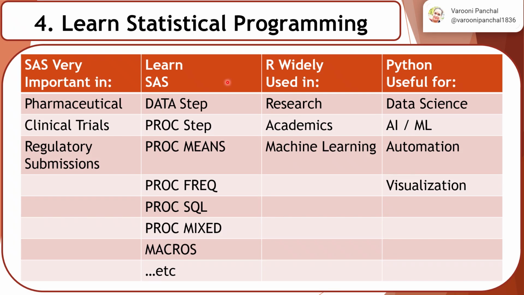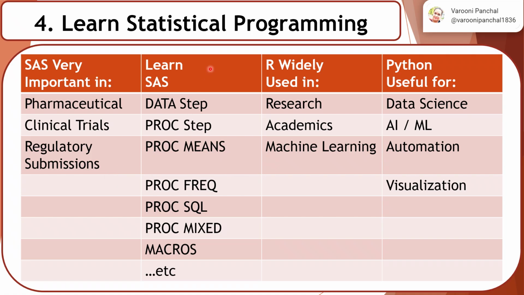Number four, you can learn the statistical programming because it is important in pharmaceutical companies, clinical trials where it is being conducted. It's a requirement, like SAS is a requirement in clinical trials. Then the regulatory submissions, whenever you are submitting any of your study, you need define.xml, right? So for that SAS is important.